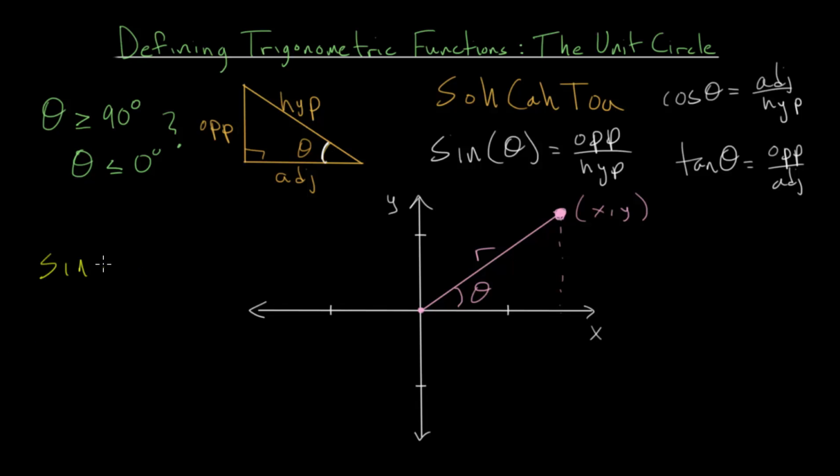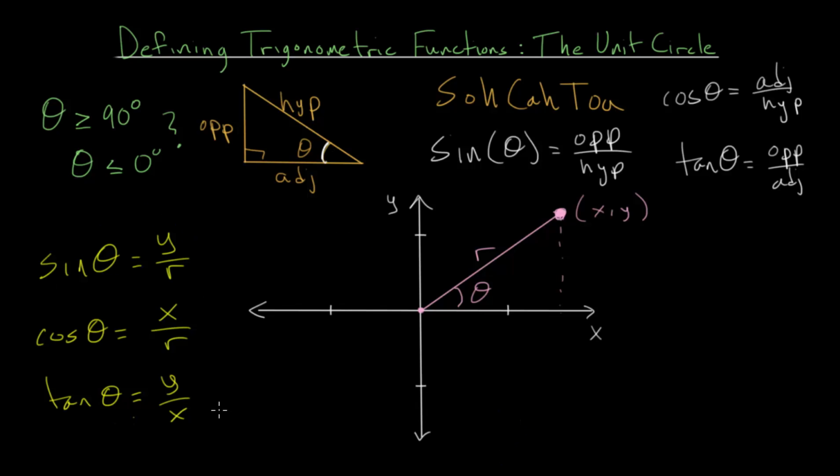Let's say the sine function, we can define that as the y-coordinate of this point divided by r, its distance from the origin. Likewise, the cosine will be the x value divided by the distance from the origin. And the tangent function, tangent of theta, can be defined as the ratio of the y value compared to the x value.